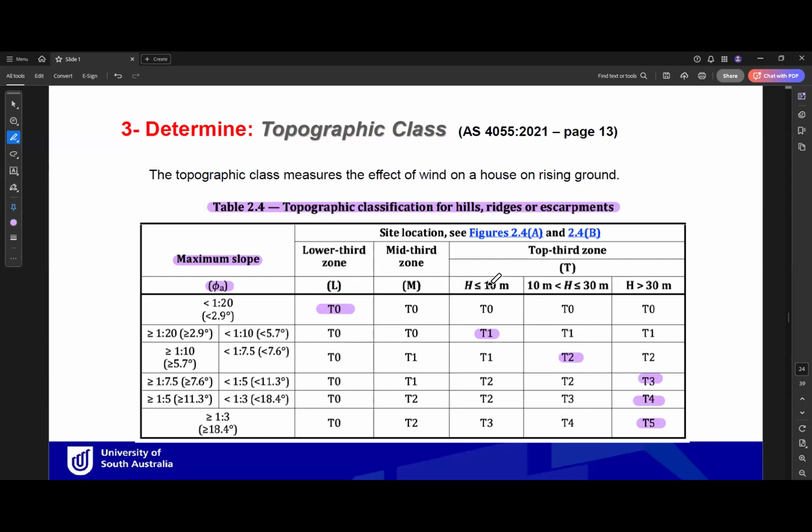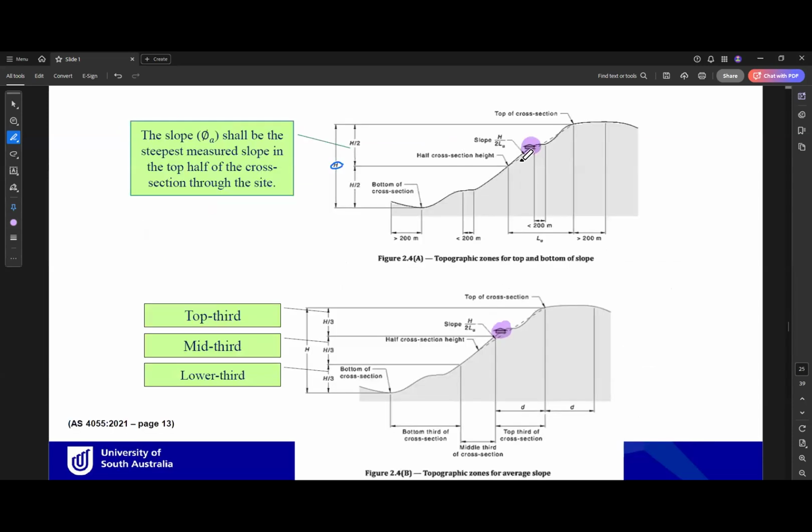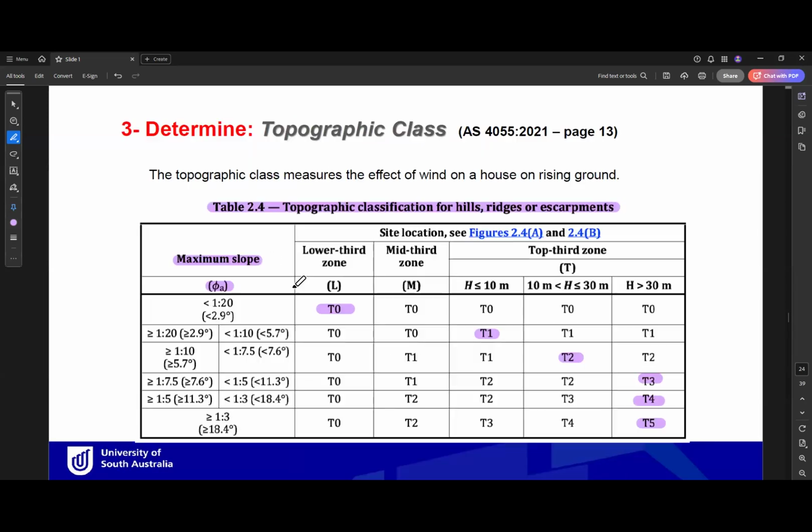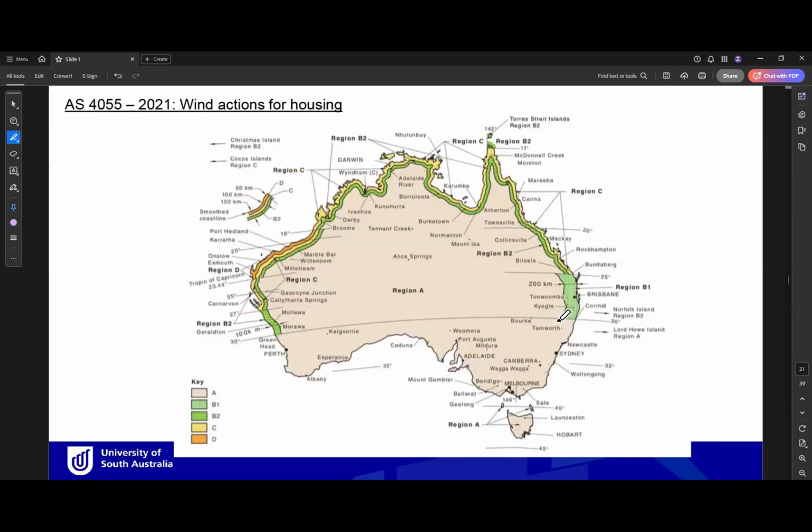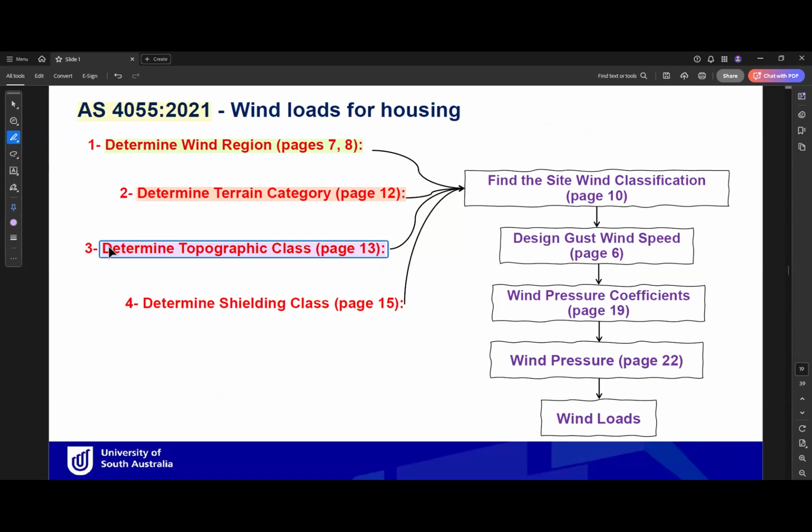But if you need to find it yourself, you need to know the location of your building in regard to the hill, and find the slope of the hill and the height of the hill, so that you can enter this table using this data to find your topographic class. Okay, so this was the third parameter we need to find before starting our wind calculation.